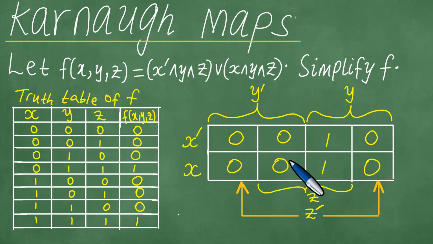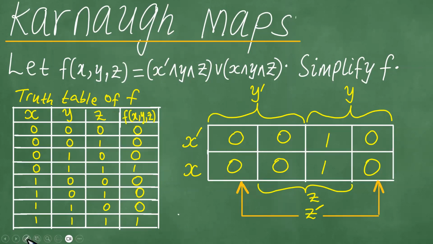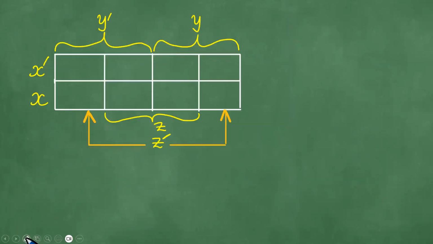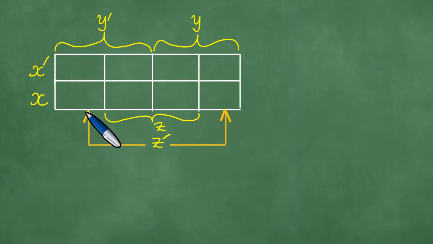In particular, we are attempting to solve and simplify the function f in the process. So let us proceed and see what we can do here. On this side, we still have our Karnaugh map, which we have just completed.